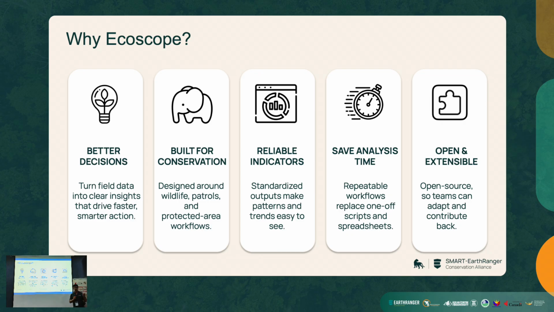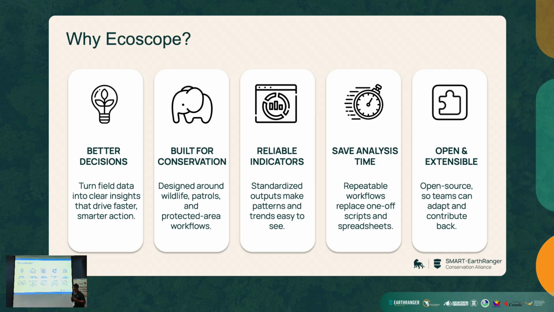We want to ask questions, and we want to have indicators of what is happening. So what are the trends in the data that we're seeing? What are the trends in the encounter rate with snares? What are the trends in encounter rate with illegal fishing? What about the trends in numbers of whale sharks that we're encountering?